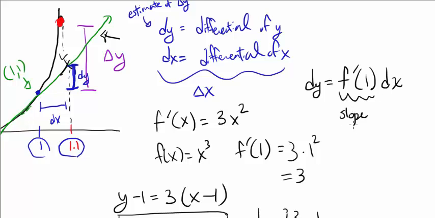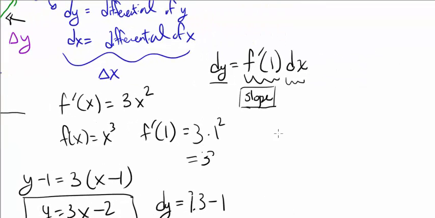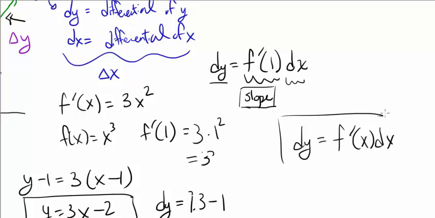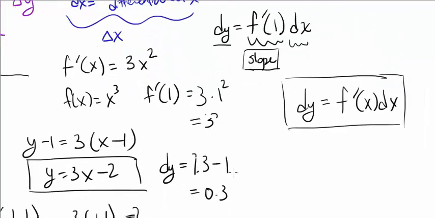And the slope is telling you how much y is changing for this tangent line per one change in x. So if x is changing by dx, then y for the tangent line is going to change by the slope times dx. So that's one way of finding dy, and sometimes dy is defined as f prime of x dx.